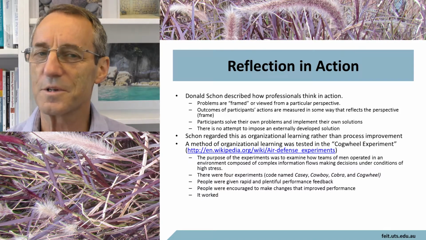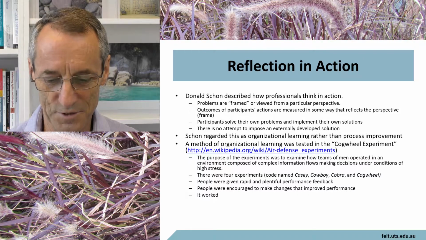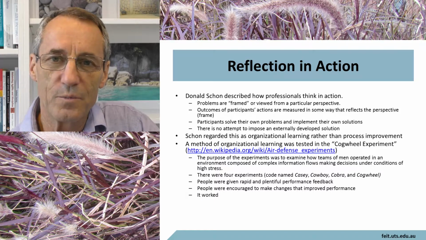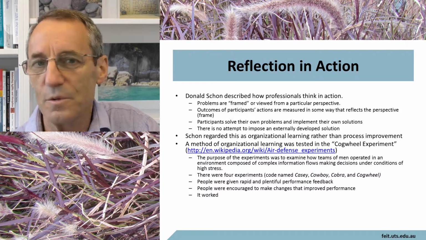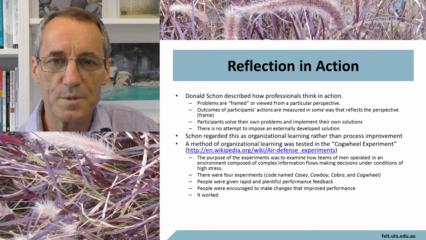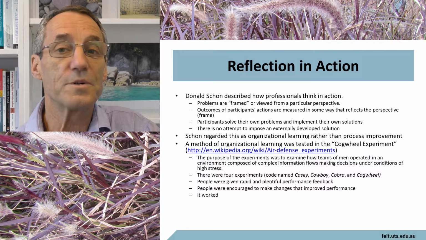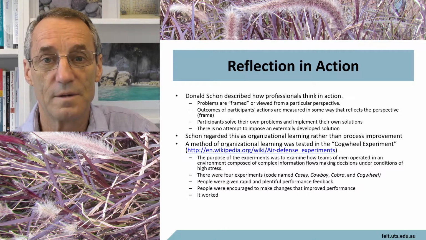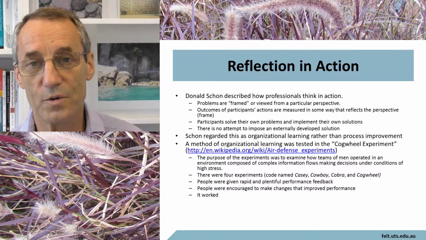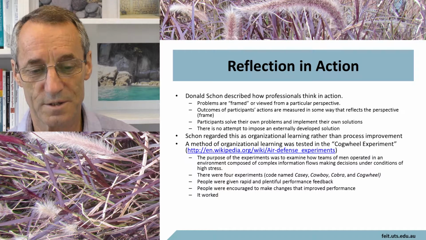So Cogwheel had no significance other than it was a word beginning with the letter C. People were given rapid and plentiful performance feedback. That was all. They were encouraged to make changes that improved performance. And it worked. People always try to do better if they can. So all you need to do is provide lots of measures of the performance and the freedom to go and make changes, and it will work.